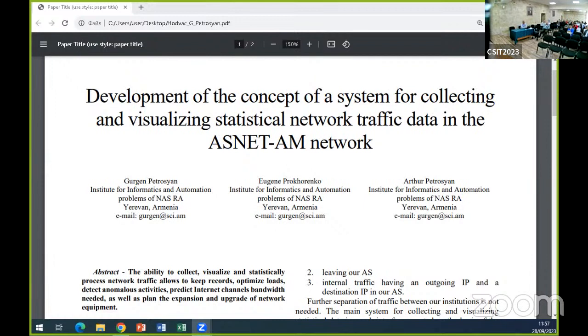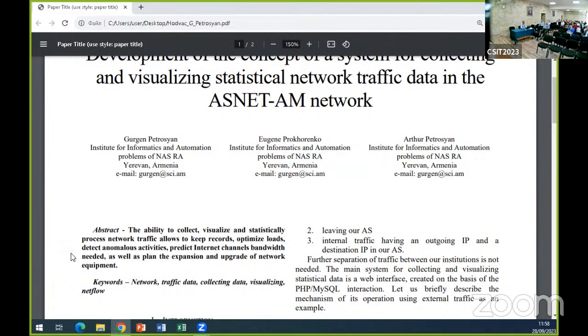And we know that by the rules of RIPE, the European Internet registry, which gives IP addresses to institutions, they must use some percentage of these IP addresses efficiently.